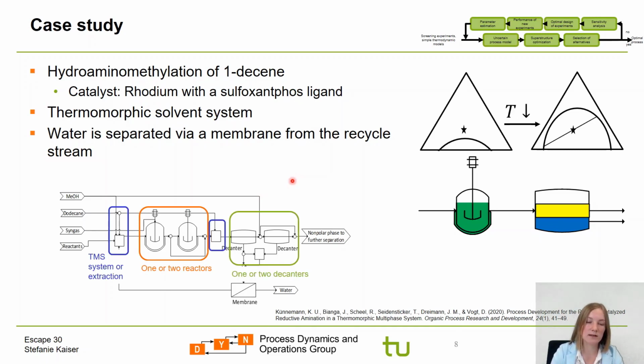And then the third one is if we use a TMS system, as I described, or if we add the unpolar solvent, the dodecane, after the reaction. So then we would have a homogeneous mixture in the reaction, only consisting of the reactants and the polar solvent methanol. And in the decanter, we have a pure extraction.